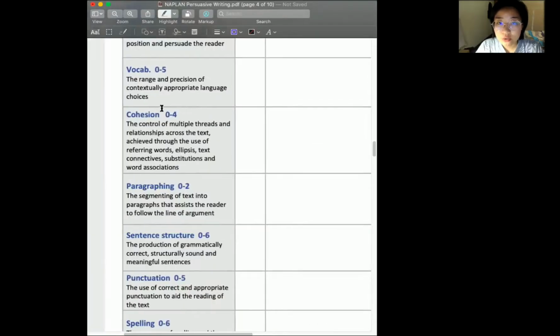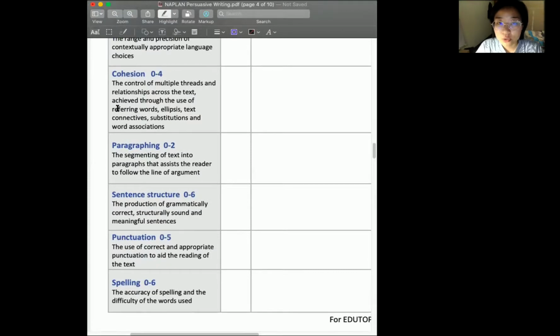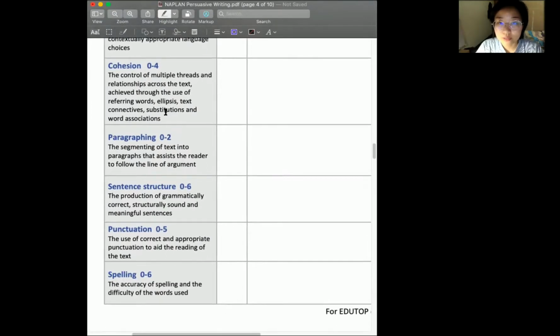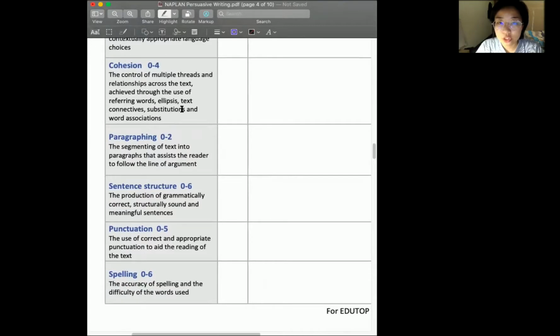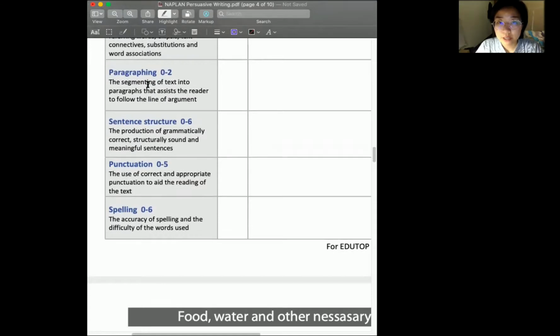Cohesion. Do you have connectives to link your ideas between sentences and paragraphs? You can also use referring words like it, she, he, they. They're referring words. Substitution and word association means when you think about this topic, what are the words associated with this topic? Paragraph.